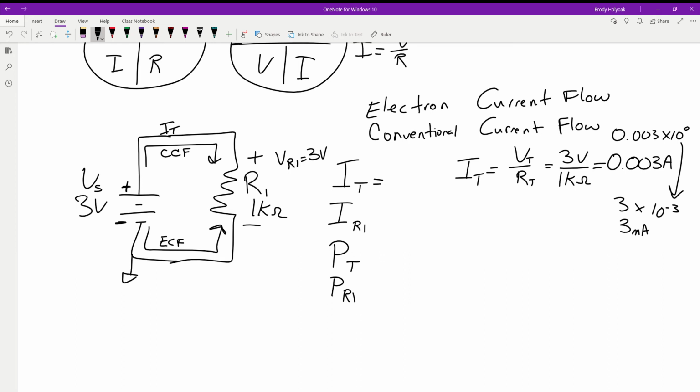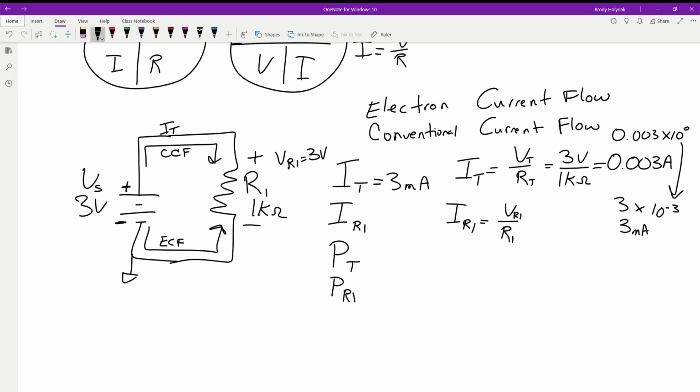So then we look at this. We have this one is equal to 3 milliamps. We want to find the current for R1. So again, what's our formula for current? V over R, voltage over resistance. And in this case, we're looking specifically at R1. So the voltage drop across R1 versus the value of R1.